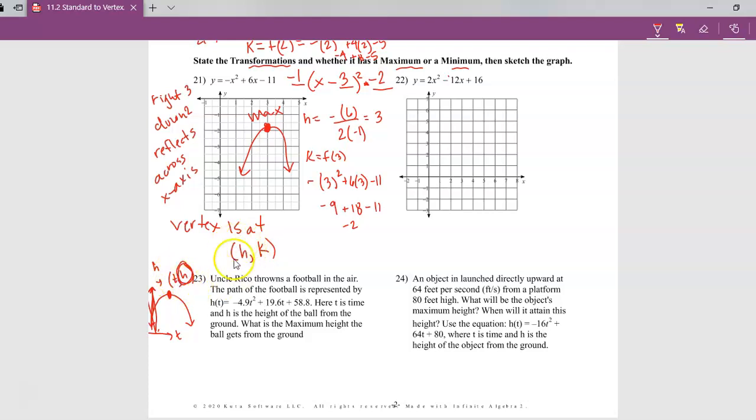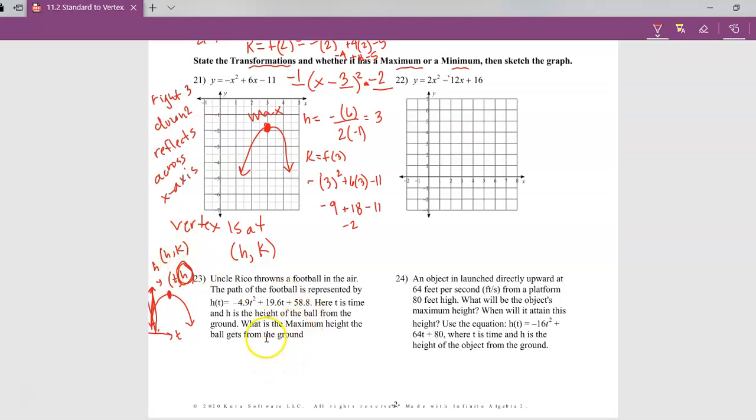This one is talking about the x value of the vertex. This one is talking about the height of the football. So I could also write (h, k), but h doesn't mean the height when I write it that way. That just means it's the x value of the vertex. This h means what I'm actually looking for is the height, and it will be the y value of the vertex. So I'm actually looking for k.